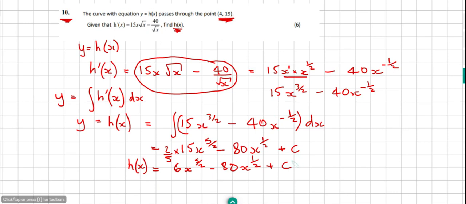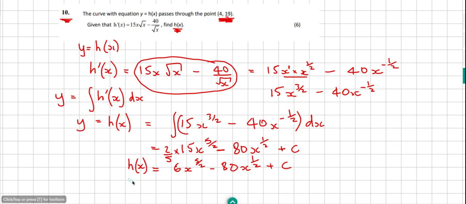But we need to work out the value of c. And for that, we're going to use this point here. We're going to use 4, 19. If we replace h of x, which is y, by the 19, and the x value by 4, then that allows us to work out the value of c.